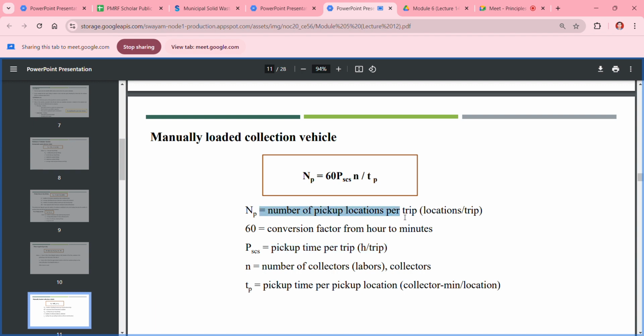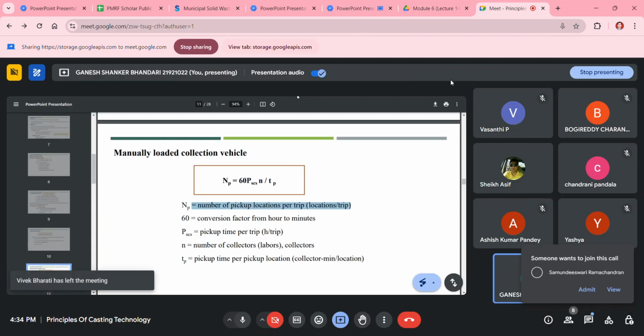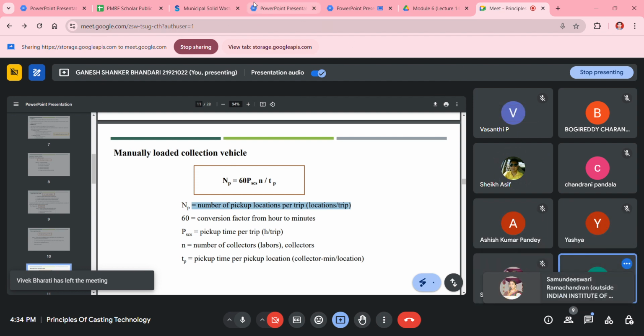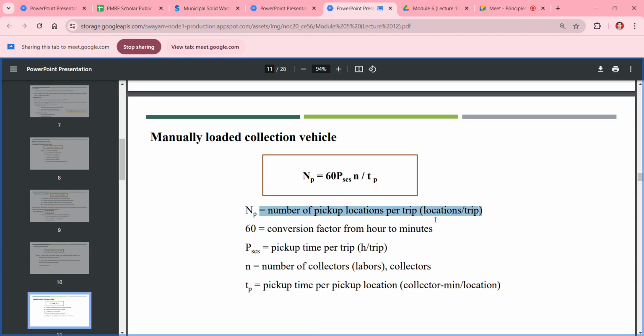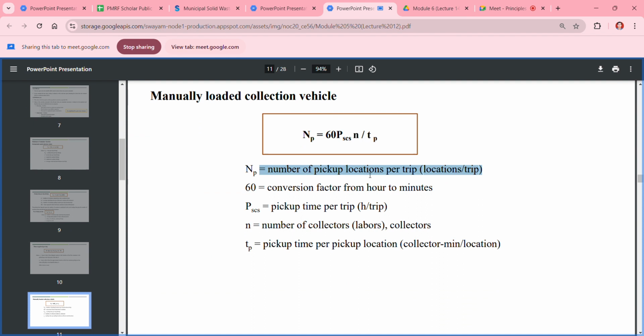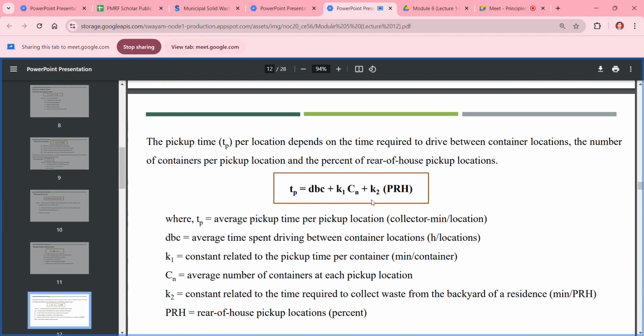NP is the number of pickup locations per trip. Then N is the number of collectors or laborers, how much labor is required for that collection. Because in manually loaded collection, you need laborers, like 5 or 6 laborers who are going to empty that stationary container at that site into the collection truck. And then TP equals the pickup time per pickup location.